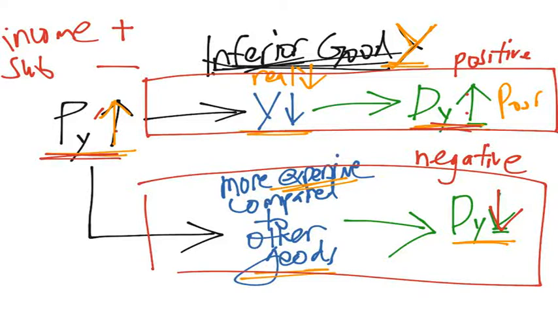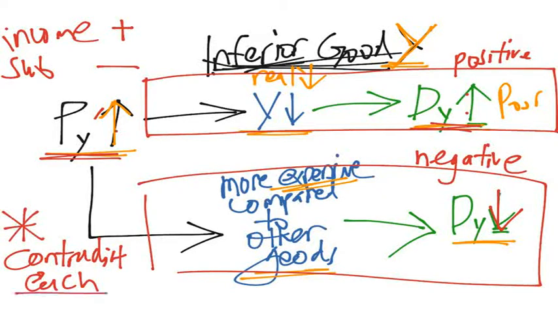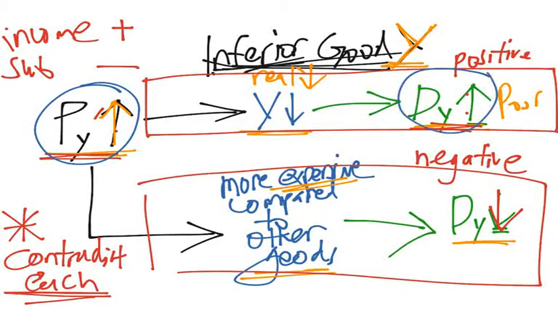So now you need to know that the effects contradict each other, because they act in different directions. This is very important. So when they contradict each other, how can we know whether, when the price increases, the demand will increase or decrease?